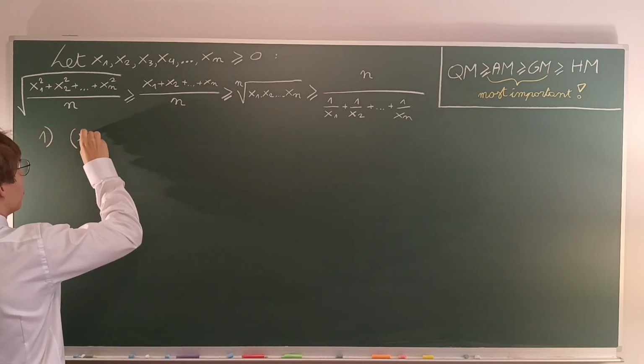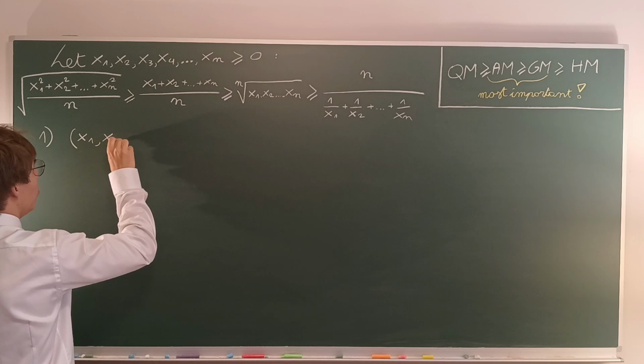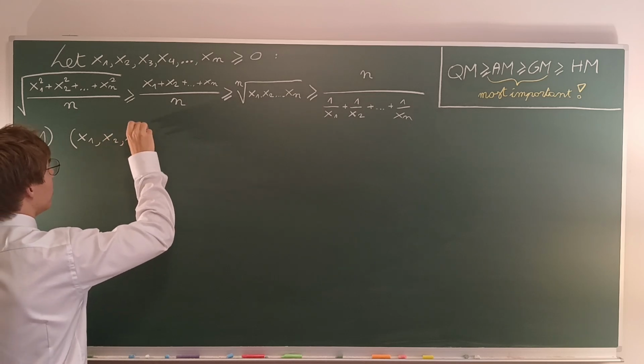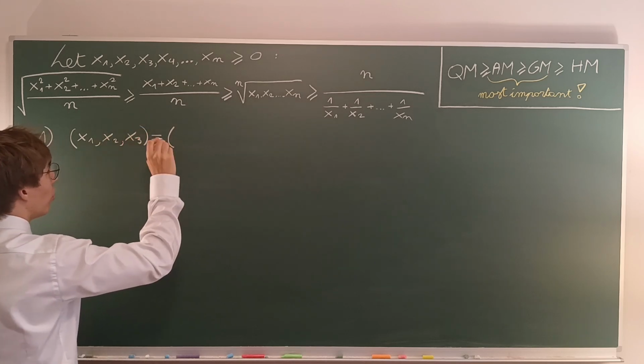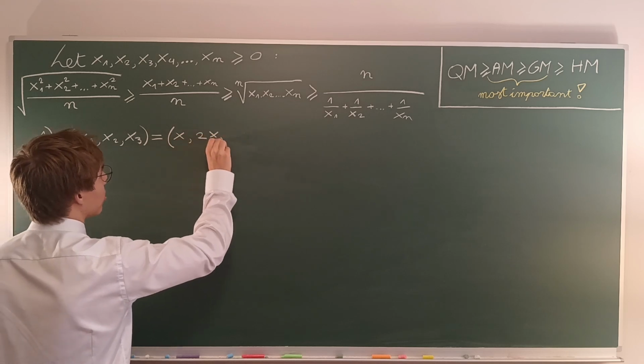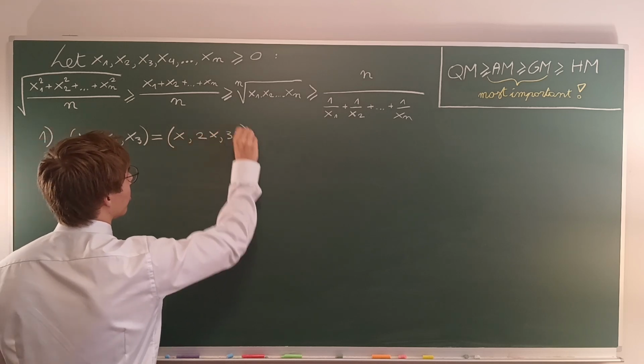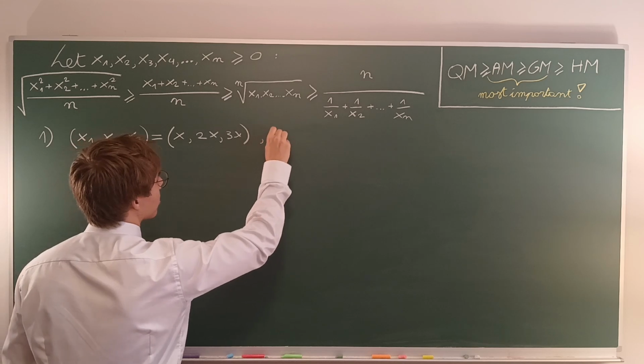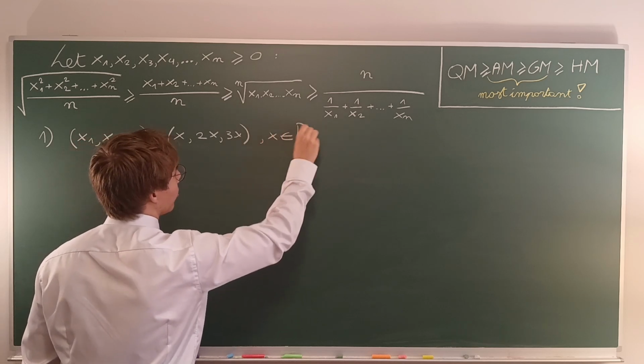So let's say that x1, x2, x3 is equal to just one variable x, 2x, 3x, for some x a positive real number.